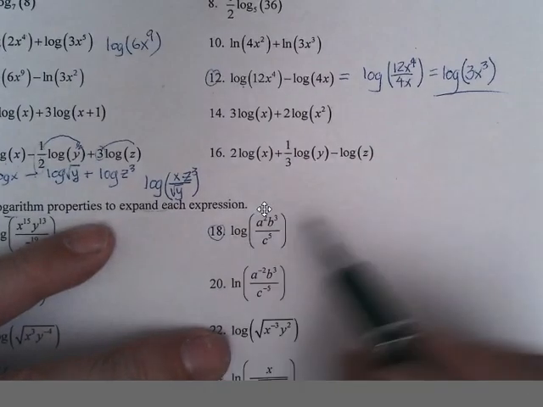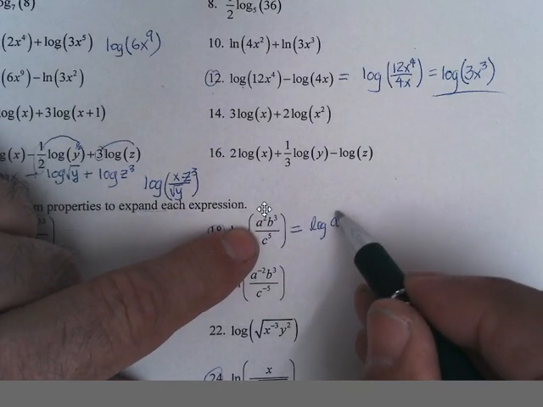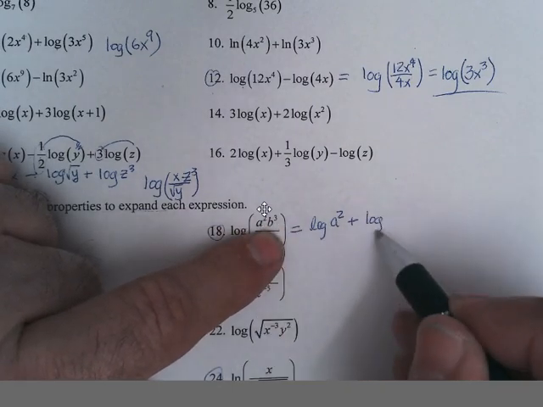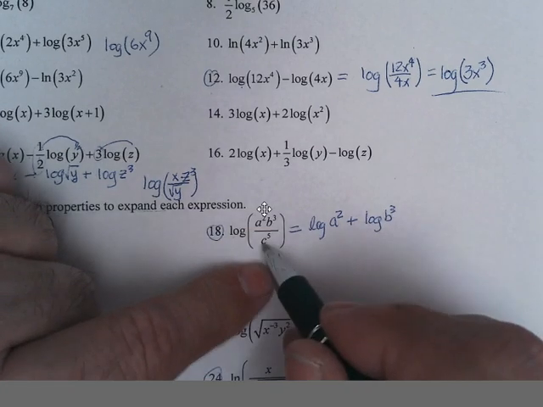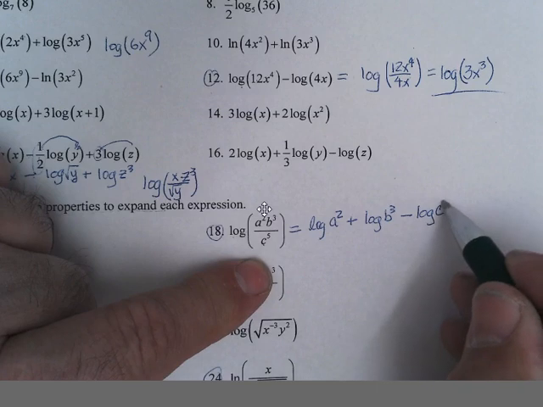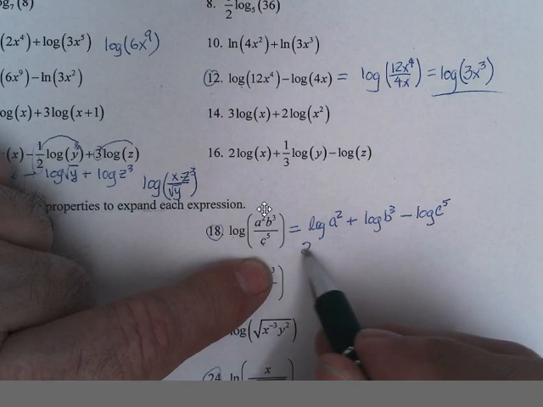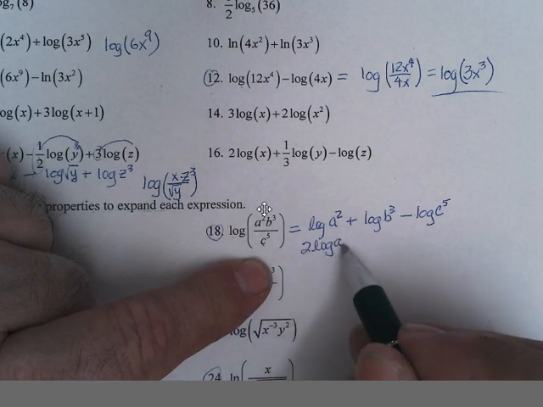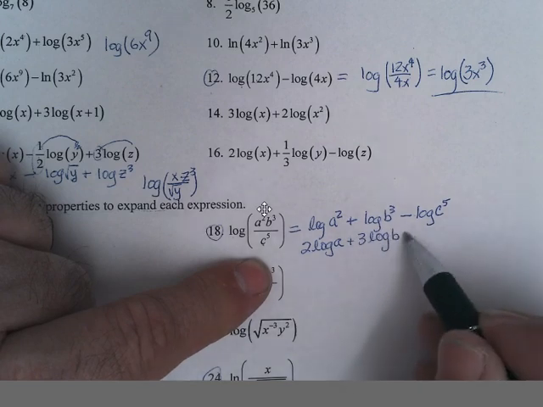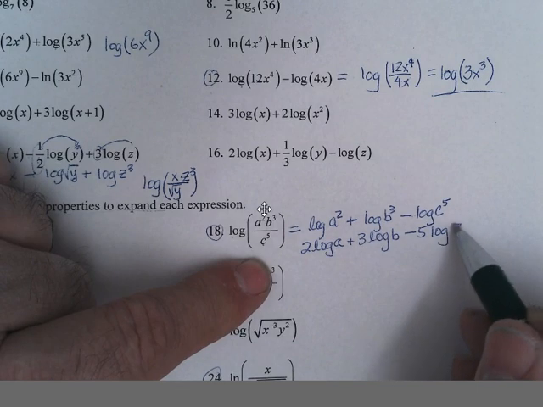So we have a log, and it's going to be the log of the a squared plus, because these are times, the log of b to the 3rd, and this is divide, so that would be minus the log of c to the 5th, and these powers can come down in front of these, so it becomes 2 log a plus 3 log b minus 5 log c.